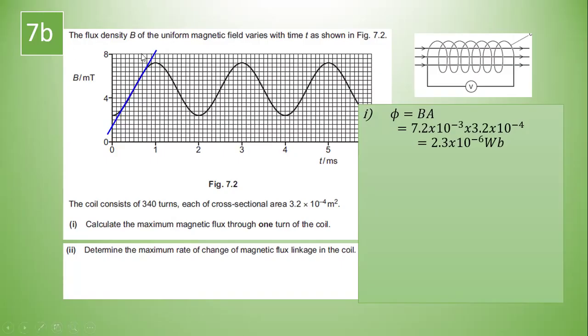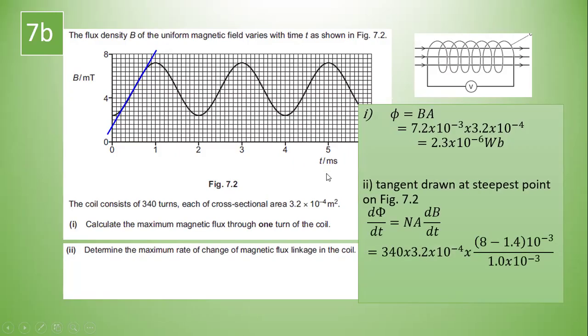It depends on how accurately you read. My one gives a slightly different answer, but it's okay. They allow you half a square mistake in reading. So this is the EMF. This is the EMF.